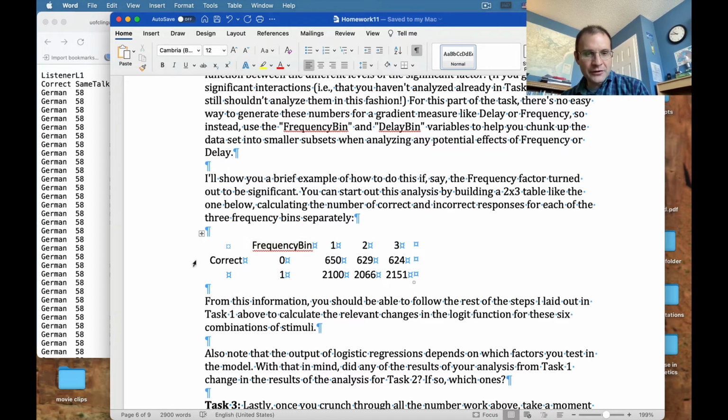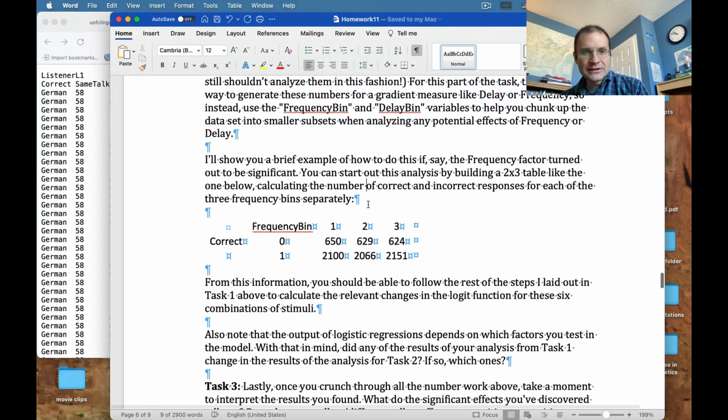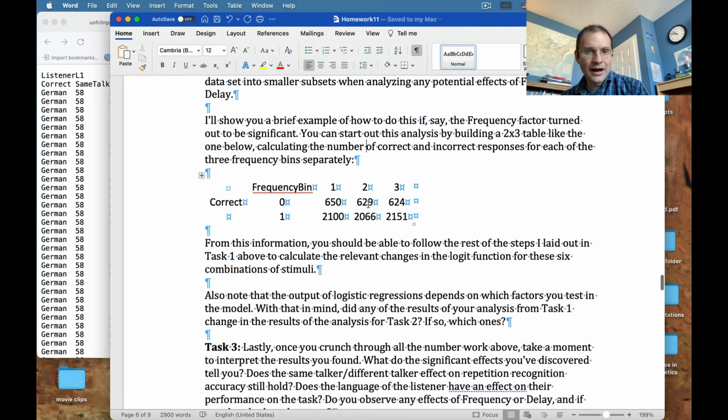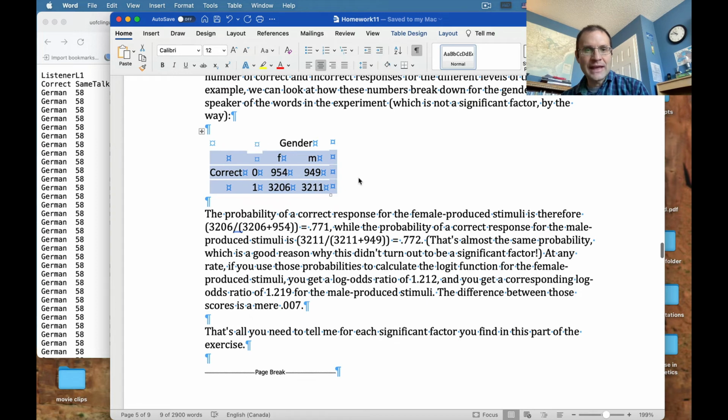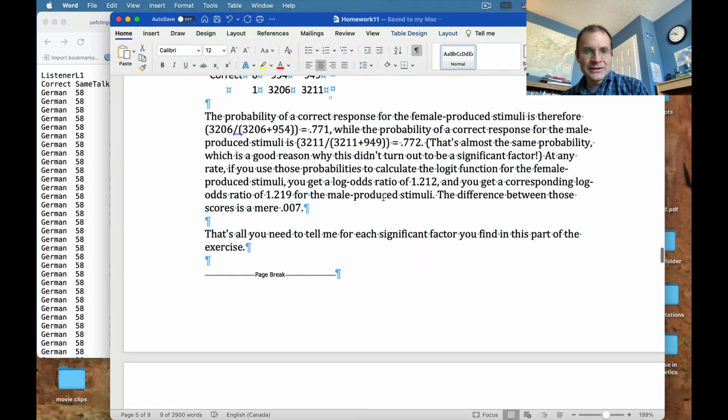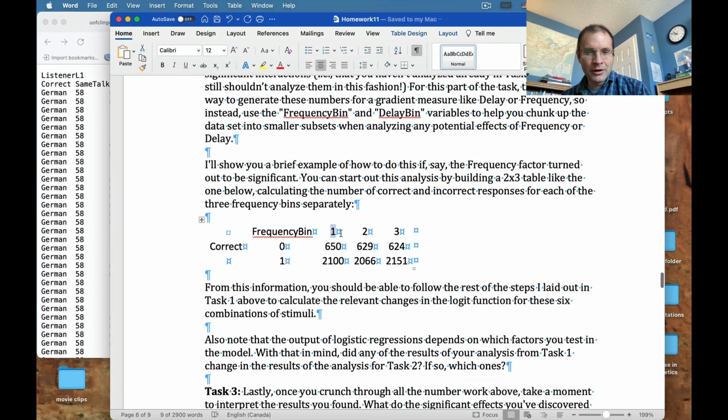And then we have number of correct and incorrect responses for all 3 of those bins, right? So you just need to split them up like that, and then kind of follow the steps you used for the gender non-effect up here to just look at how much does the logit value differ between this column and this column, except in this case, we're going to be looking at all 3 of the columns compared to each other, right?